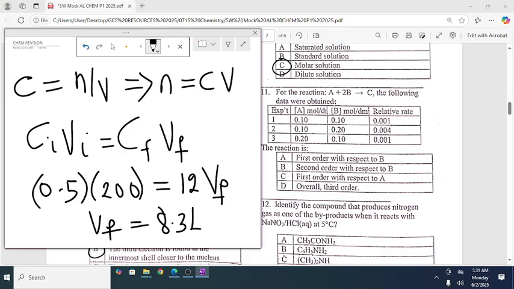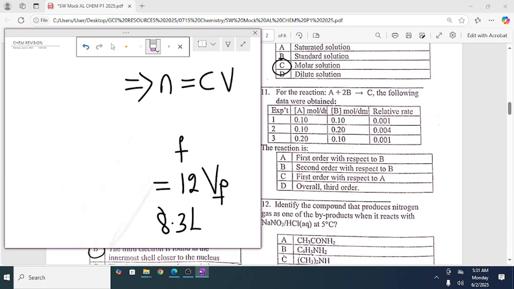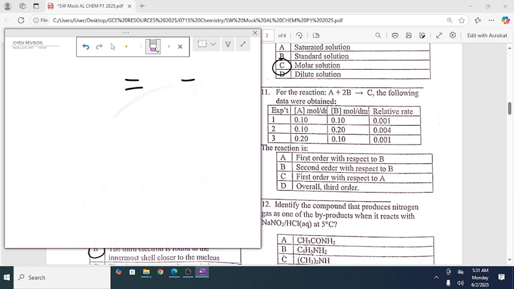So I'm just going to do the calculations, though it is a little bit longer. You have to learn the fastest way, but I think the calculations will help you in paper 2.